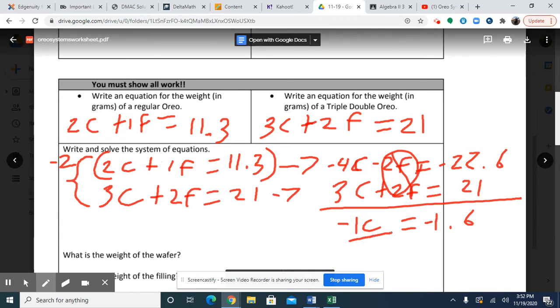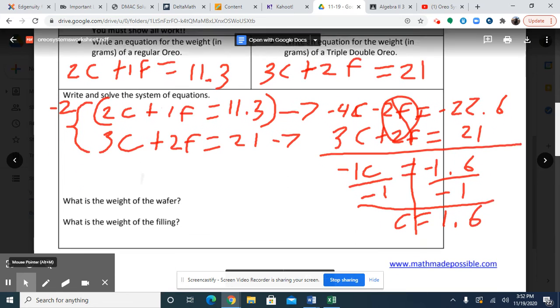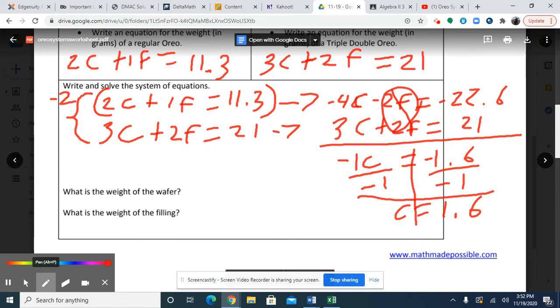Again, we can't have a negative weight, so we're going to divide the whole thing by -1. So C should be equal to +1.6. So our first result is that the weight of a wafer, or in this case a cookie, is about 1.6 grams.